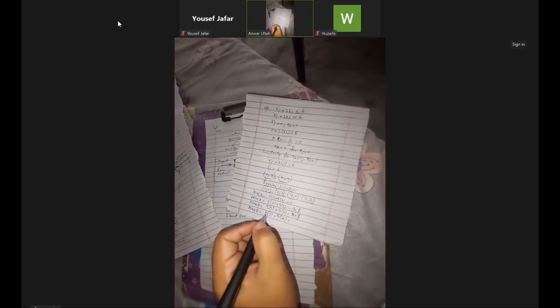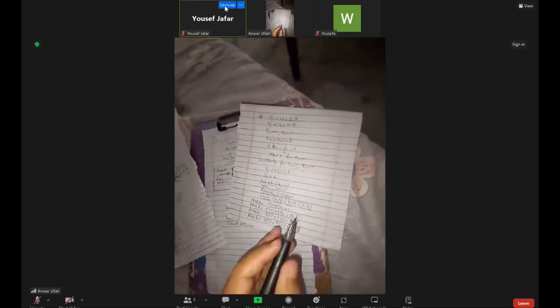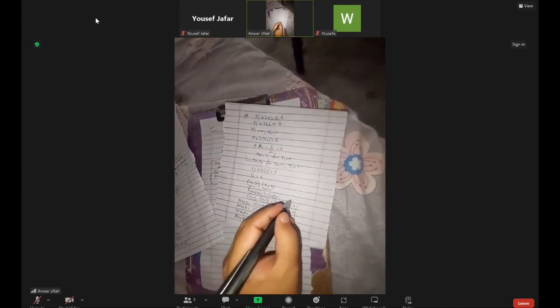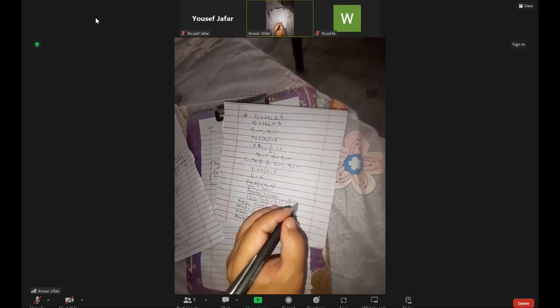For the fourth one, it is 5 into 3 plus 4 into 2, which is 15 plus 8, $23,000. So which one is the maximum one? This one. And it is achieved using x1 is equal to 3 tons and x2 is equal to 2 tons. So this one is the optimal solution.